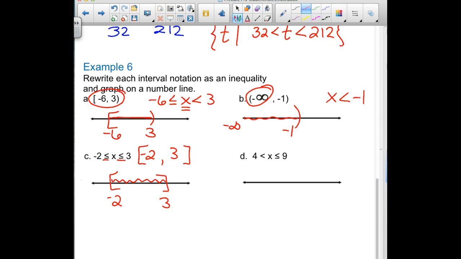We want all values between -2 and 3. And the last one here, 4 is less than x, which is less than or equal to 9. Since there is no equal sign here, rounded bracket at 4, closed off bracket since we can equal 9, shading everything in between. And the same for our interval notation.